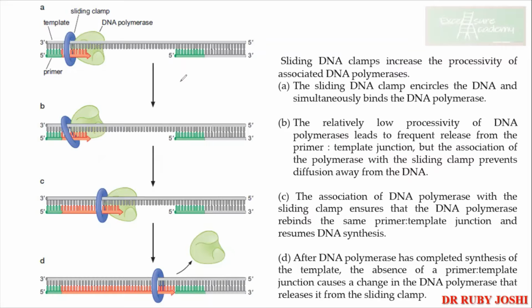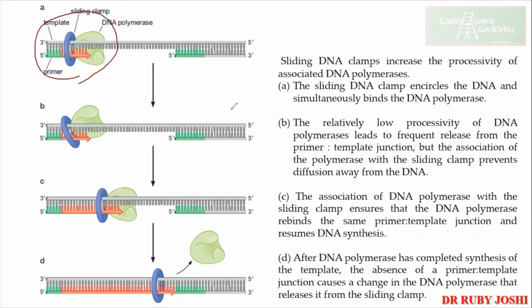So the sliding DNA clamps increase the processivity of the associated DNA polymerase. As I mentioned before, wherever the primer template junction is, only there will you have the sliding clamp. The sliding clamp encircles the DNA and binds to the DNA polymerase. Okay, this is the association.